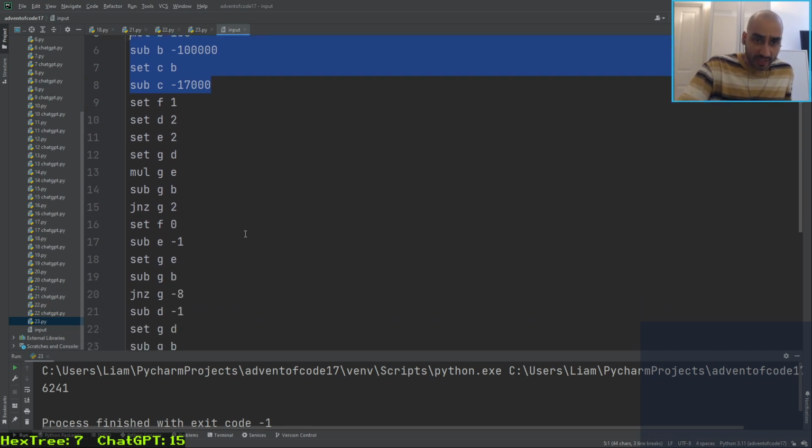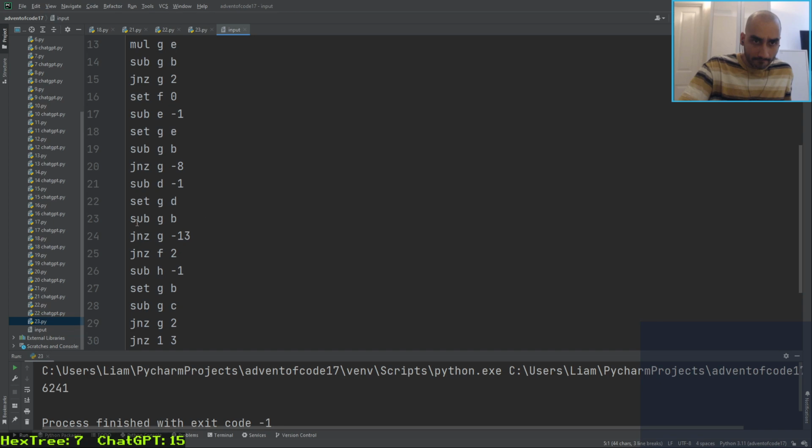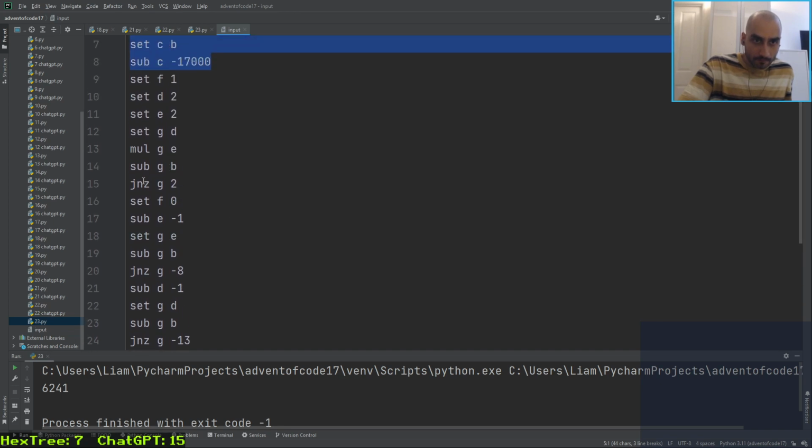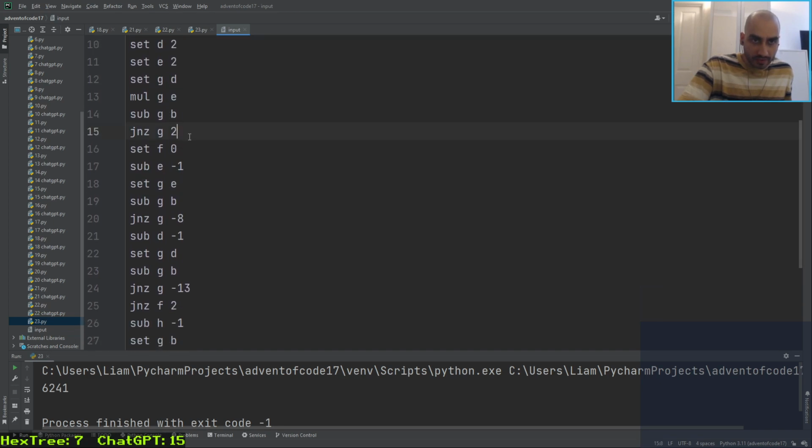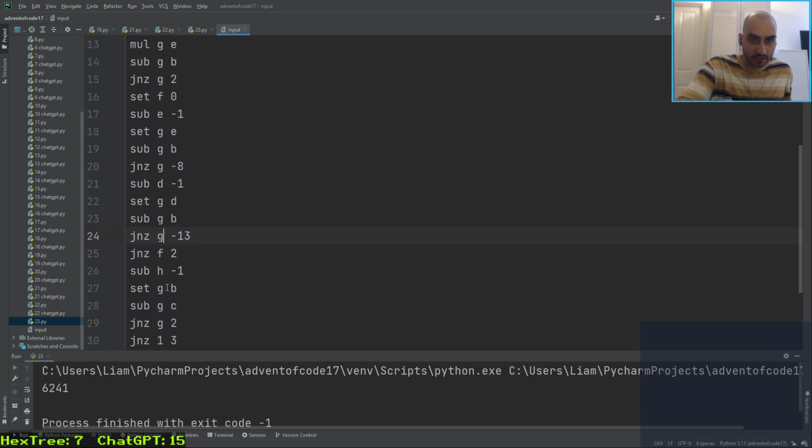How far back do we ever jump? Jump not set G2. So this jumps forward. This jumps back 8. It's 1, 2, 3, 4, 5, 6, 7, 8. Okay. This one jumps back 13. This jumps forward. This jumps back 23.